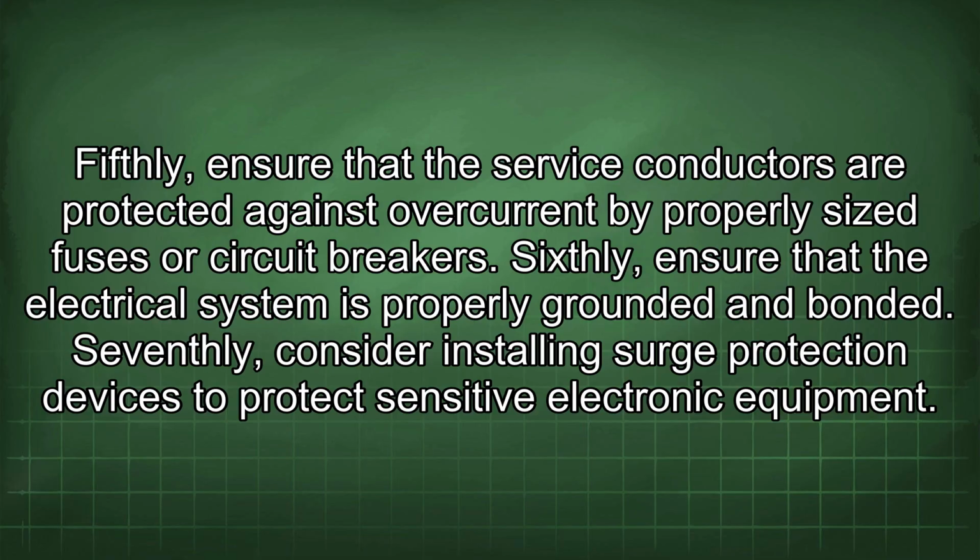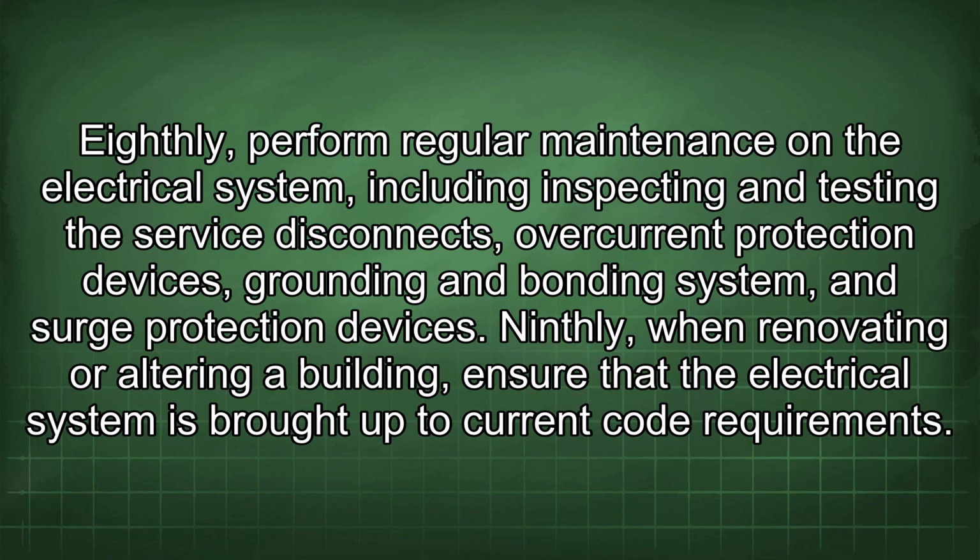Sixthly, ensure that the electrical system is properly grounded and bonded. Seventhly, consider installing surge protection devices to protect sensitive electronic equipment. Eighthly, perform regular maintenance on the electrical system, including inspecting and testing the service disconnects, overcurrent protection devices, grounding and bonding system, and surge protection devices.